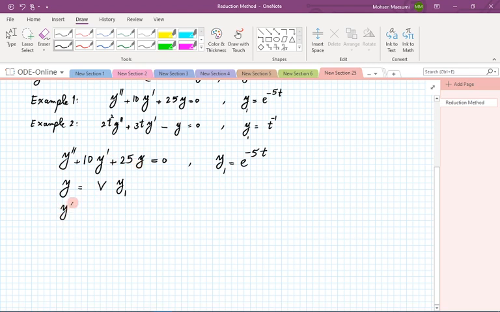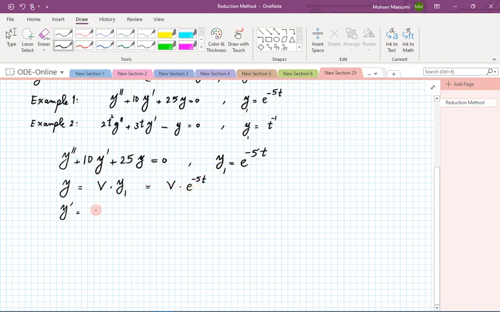So y prime, how do I take a derivative of this thing? I need to pay attention that I have a product here, so I have to apply the product rule. Let's go ahead and write the formula for y1 here to make it specific. So I write v, the other function is exponential of minus 5t, and remember we are multiplying v as a function of t with this function.